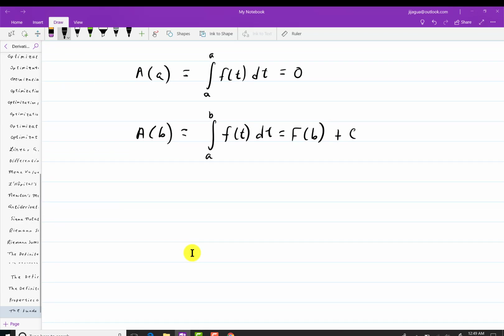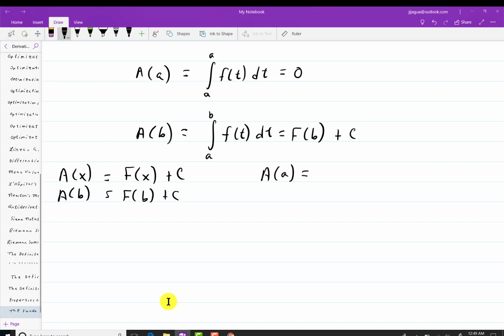I think I mentioned A of x should equal capital F of x plus this constant. That's why I put it there, because when you have A of b, that equals F of b plus this constant. Capital A of little a equals 0, but that's still F of a plus c.